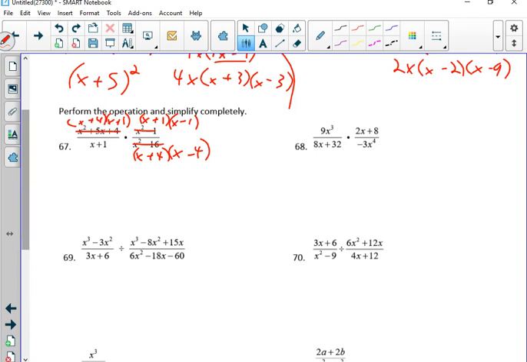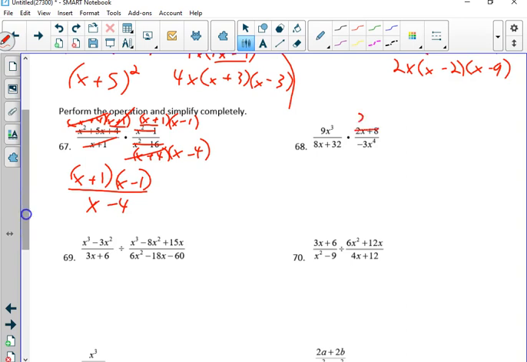Anything on the top with anything on the bottom, but that's it. I cannot cancel these two x plus 1s. Can't go side to side. Now I can cancel one of those with this one. I can cancel this x plus 4 with this x plus 4. And what I'm left with is what's on the right side right now, x plus 1, x minus 1, which I could rewrite as x squared minus 1 if I wanted to, but you can leave it. No reason to spend the time. Over x minus 4.